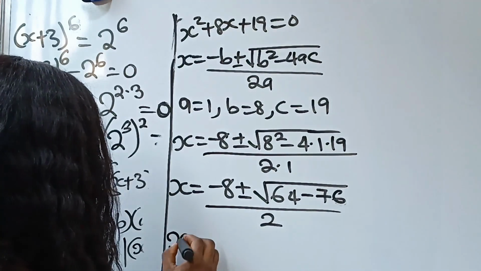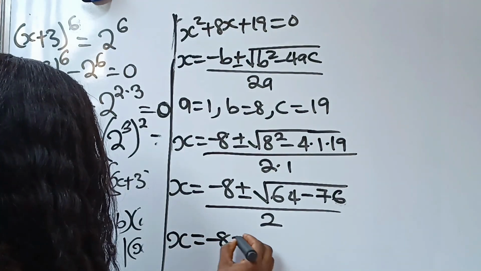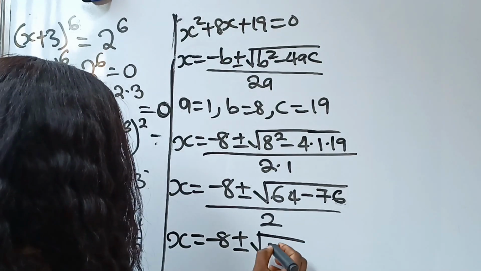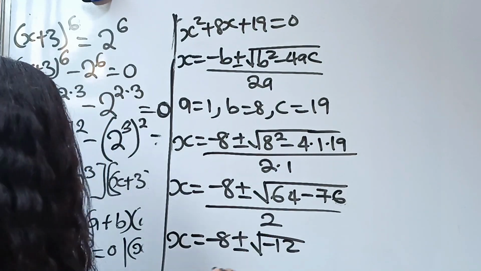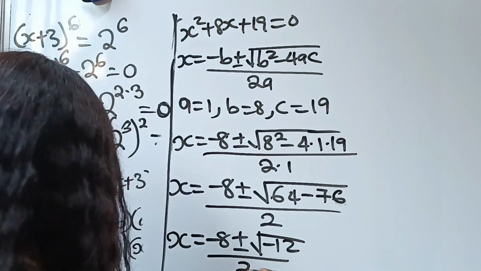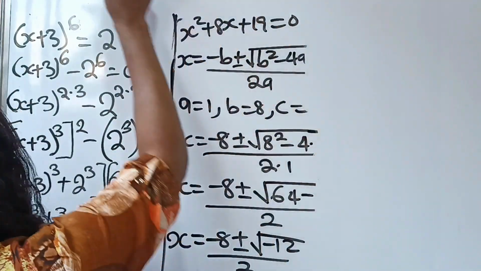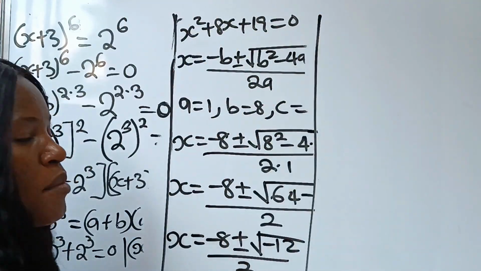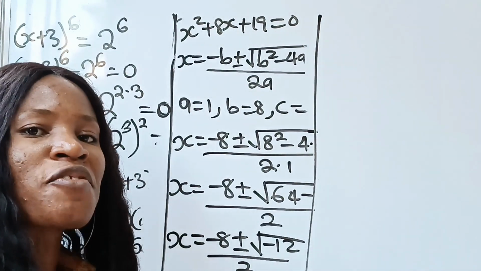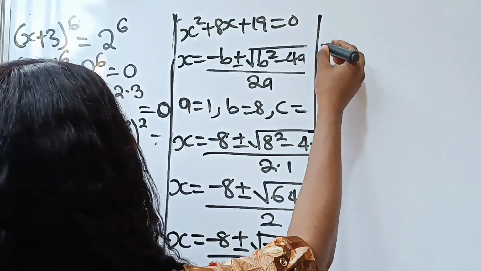So we have x is equal to minus 8 plus or minus square root of minus 12 divided by 2. Now we are close to the answer, even though my camera was just tripping on and off, but thank God I'm at the end already.